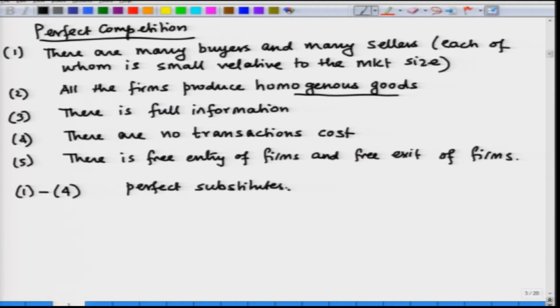The fact that all of them are producing homogeneous goods and that there is full information essentially implies that the consumer views the products of the firms as perfect substitutes.